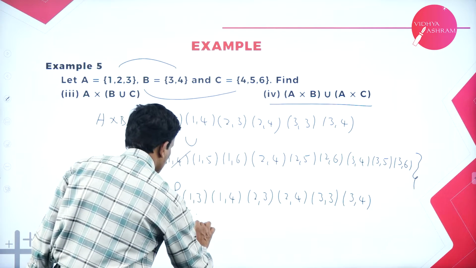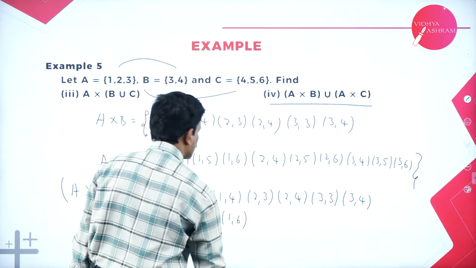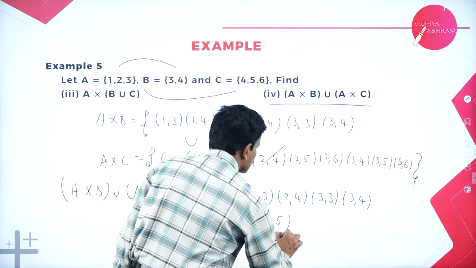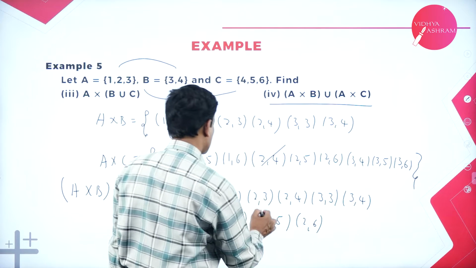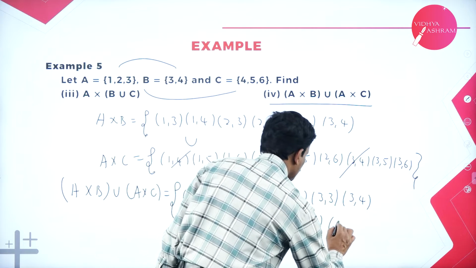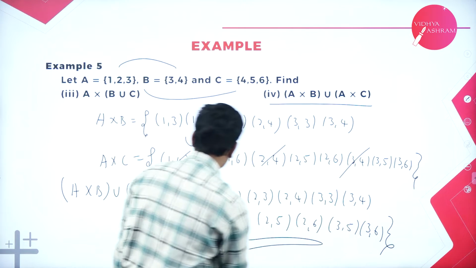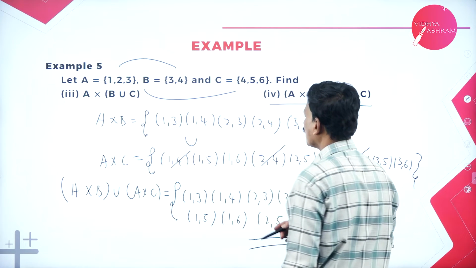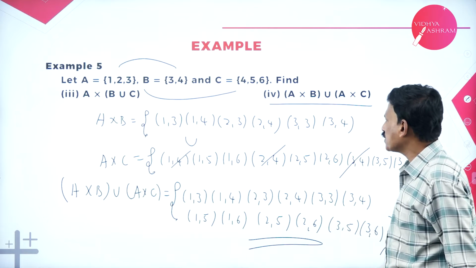Then you can take (1, 5), then (1, 6), (2, 4) we already have written, write down (2, 5), then (2, 6). (3, 4) we have written already, take (3, 5) and (3, 6). So these are the elements of A cross B union A cross C. That's it. See, avoid repeated elements. (1, 4), (2, 4), (3, 4) are repeated.